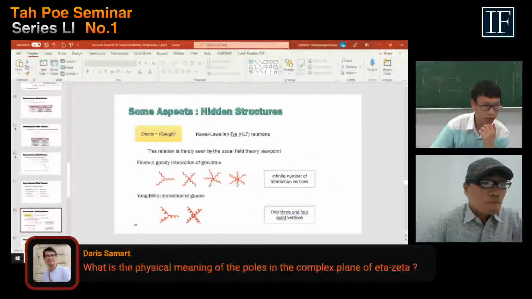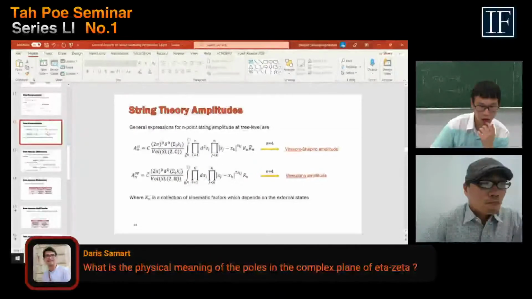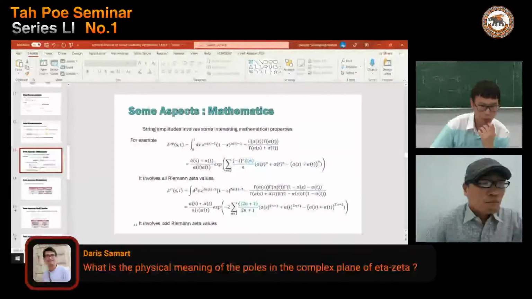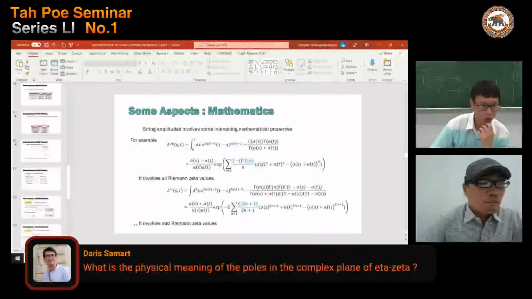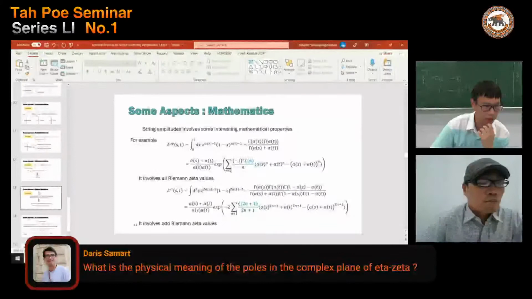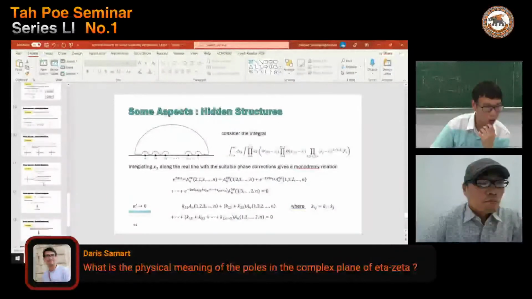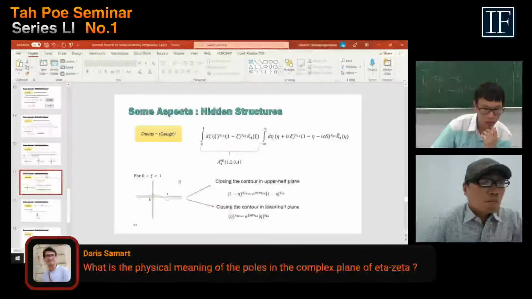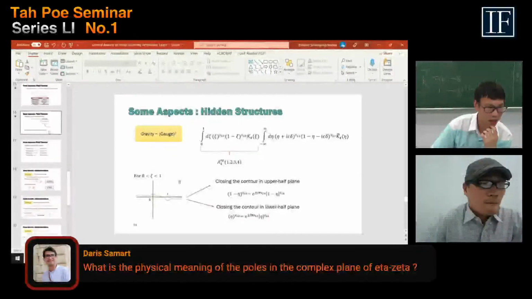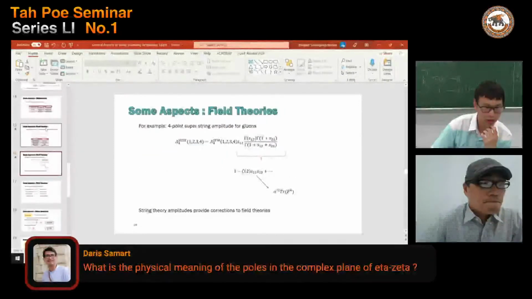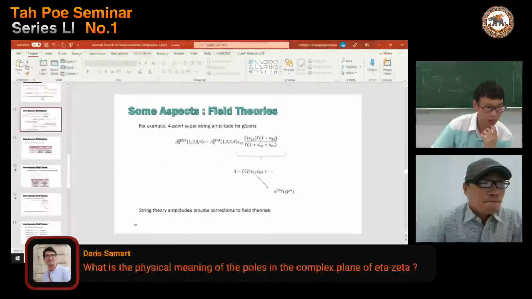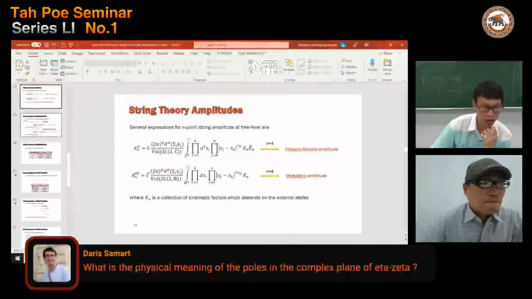I'm not sure what he is talking about, the poles in this eta and psi, or probably here.